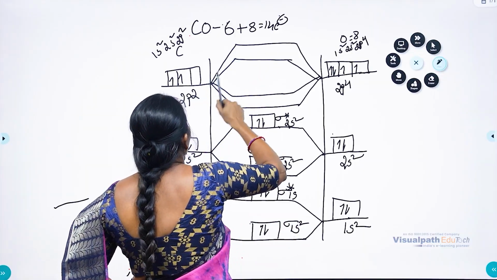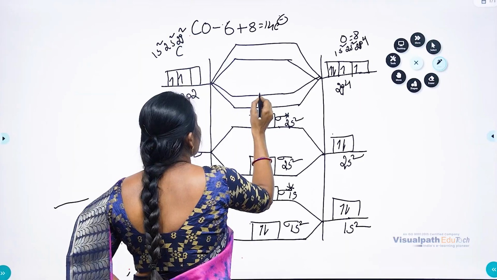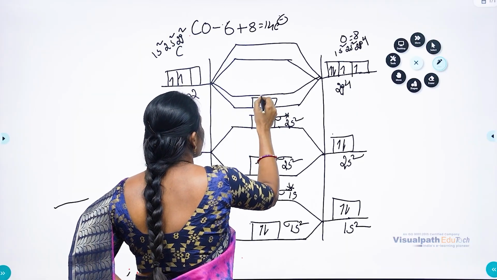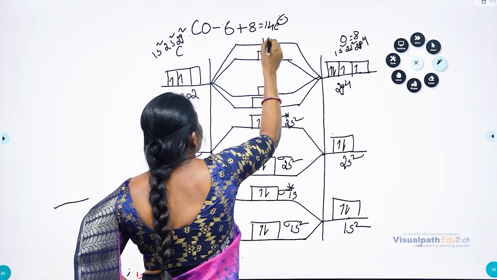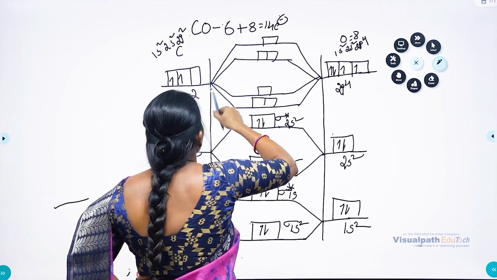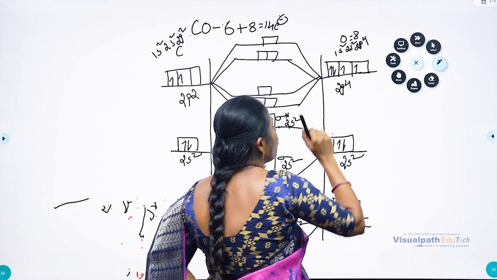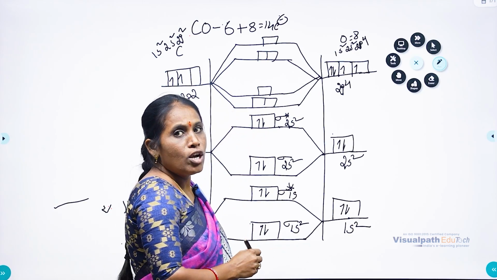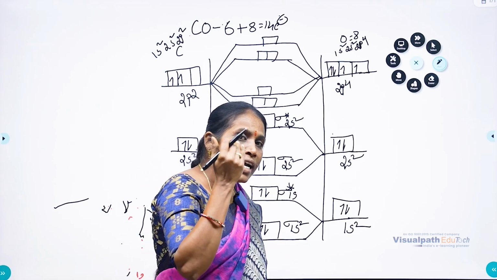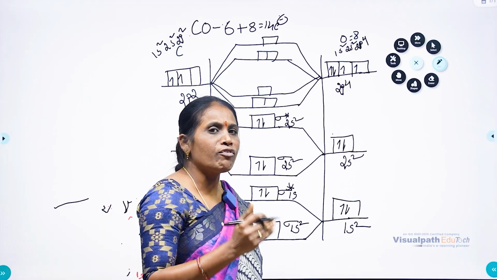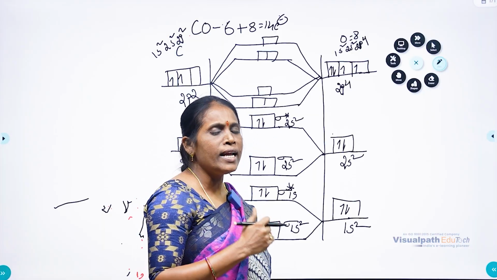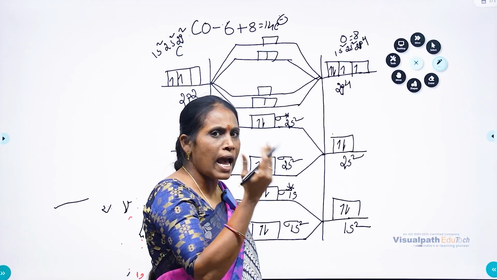Next we go to the 2p. Here, how many electrons are there in total? Carbon has 2 and oxygen has 4. Total 6 electrons are there. These 6 electrons first enter into the bonding. Only after filling the bonding do the remaining electrons enter into the anti-bonding.